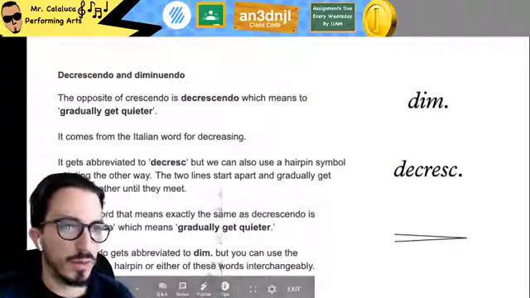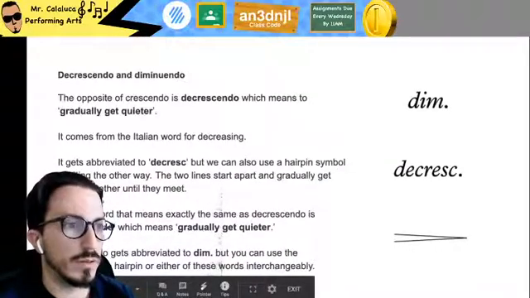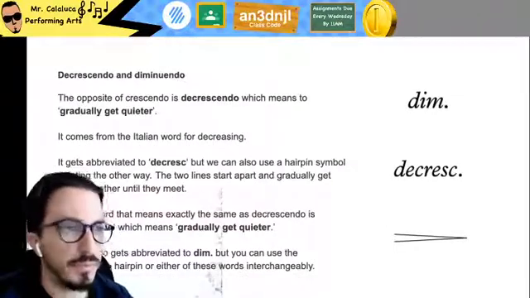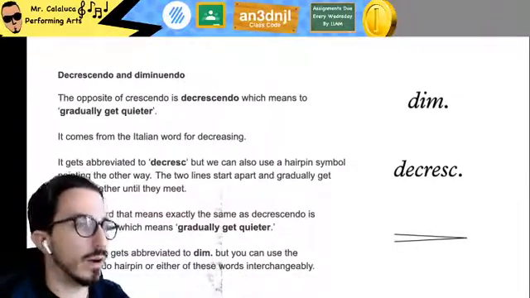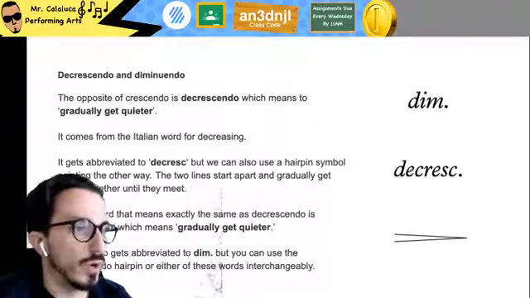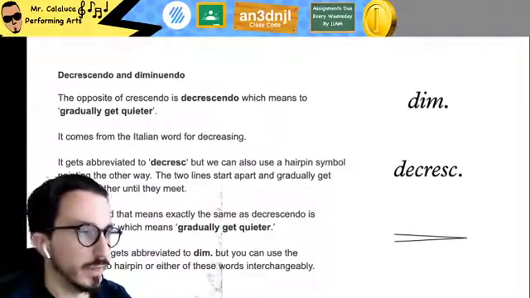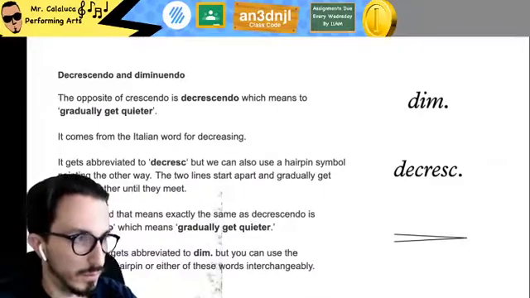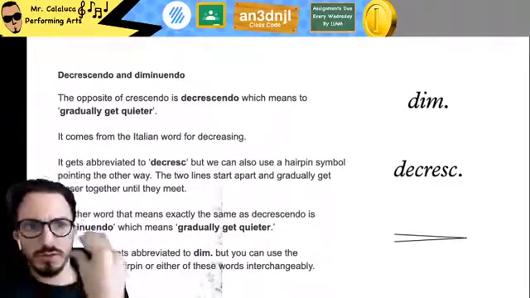Now we come to a diminuendo or decrescendo. It's the opposite. You're going to go gradually quiet. Decrescendo, which you can also use abbreviated, has the alligator mouth just the opposite.